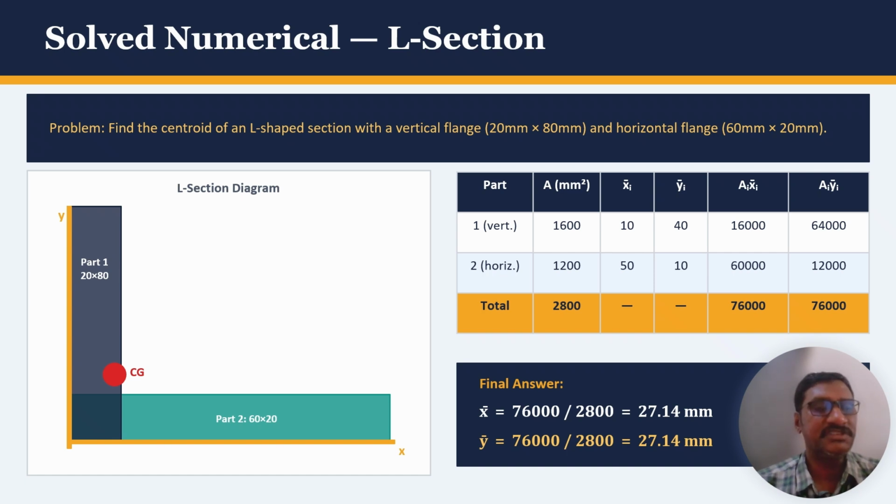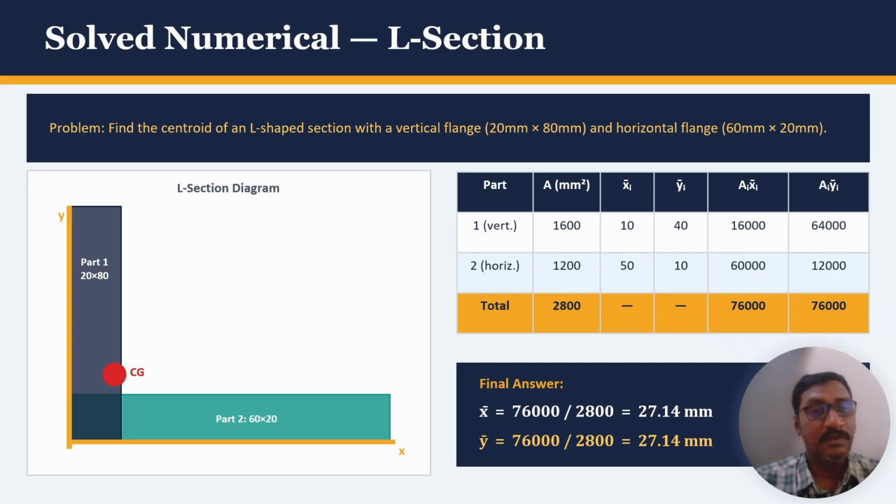This beautifully confirms what we said earlier, the center of gravity or centroid does not necessarily lie within the physical material of the body. Also notice an interesting coincidence in this particular problem, X bar equals Y bar. This makes sense due to the symmetric way the L section is constructed here.